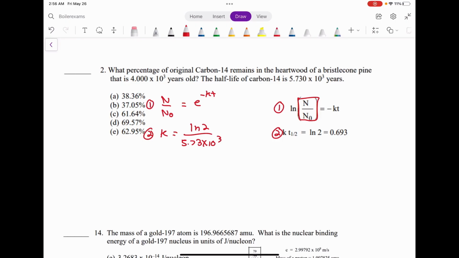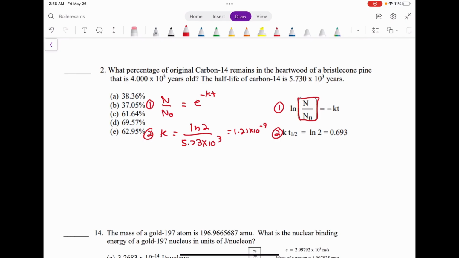Let's figure out that reaction rate. It's 1.21 times 10 to the negative fourth. So that's now my k.